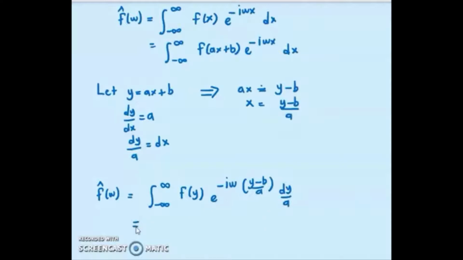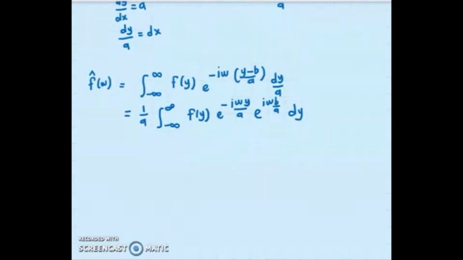Now what's the constant here? 1 over a is a constant, f(y), and I can split this integral into e to the negative i omega y over a, minus minus will be positive, e to the i omega b over a, dy.